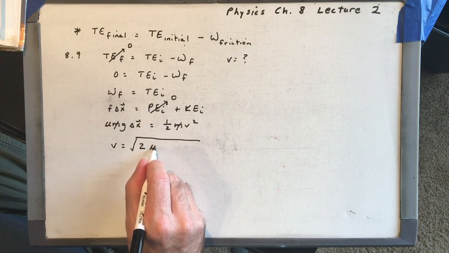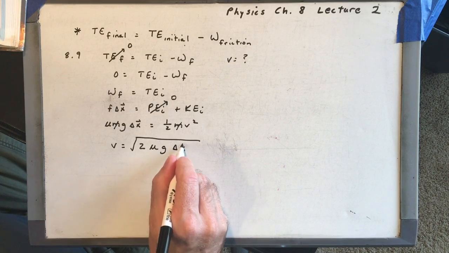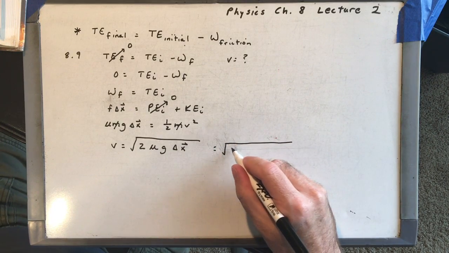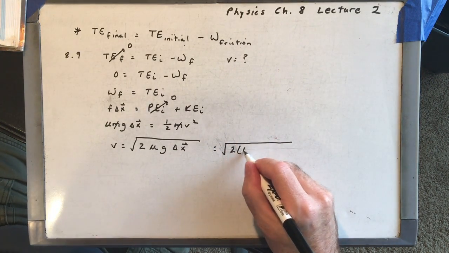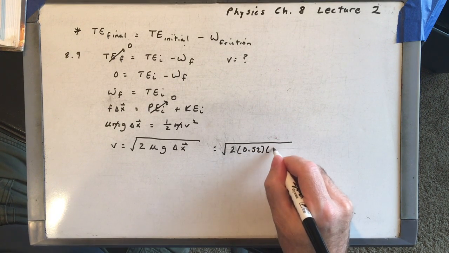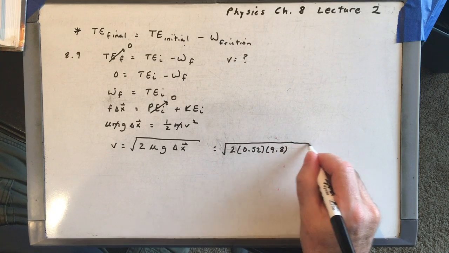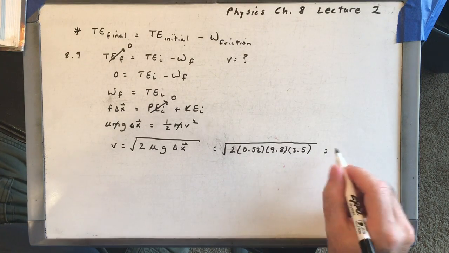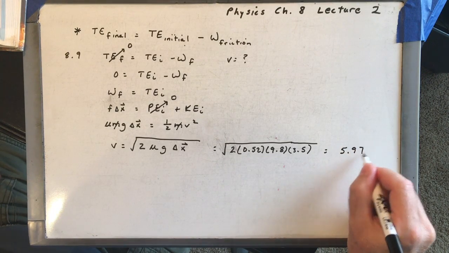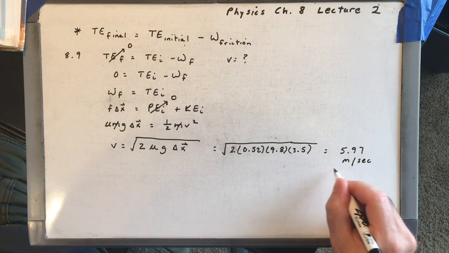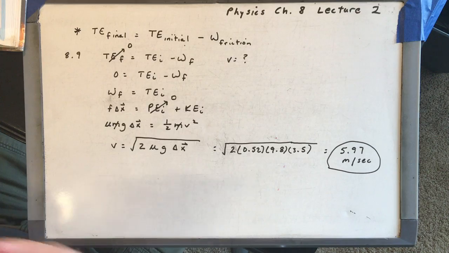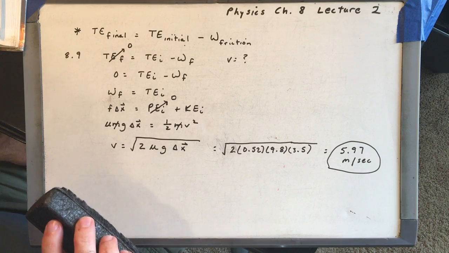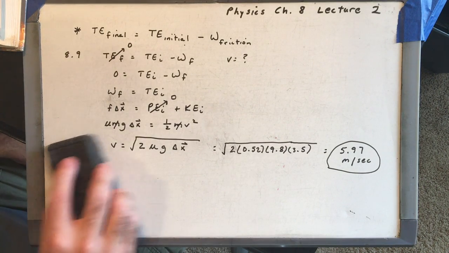So that'd be 2 mu g delta x. So that's the square root of 2 times 0.52 times 9.8. Let's dispense with the units for just a second. And then it went 3.5 meters. And that would be 5.97 meters per second. All right, pretty cool. Know the formulas, do the algebra. It's not so bad. All right, gonna erase this and we'll go into the last concept of the chapter.